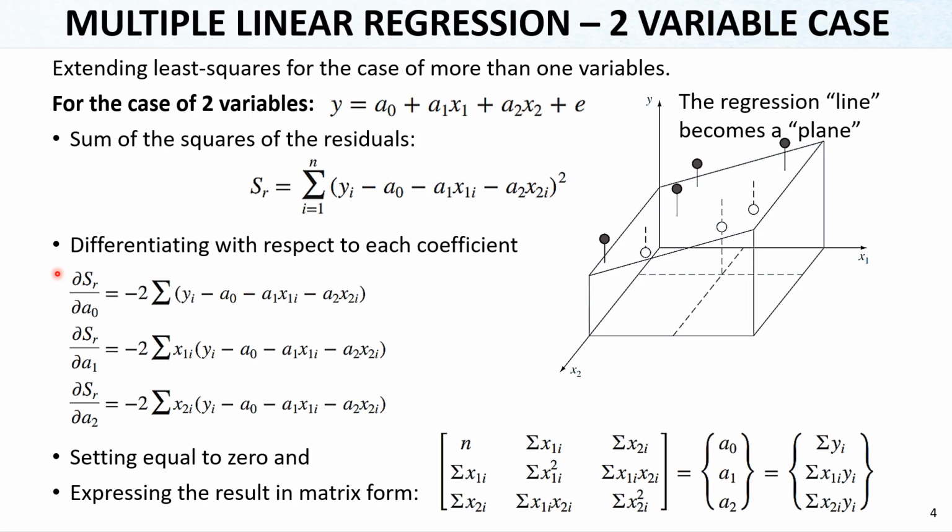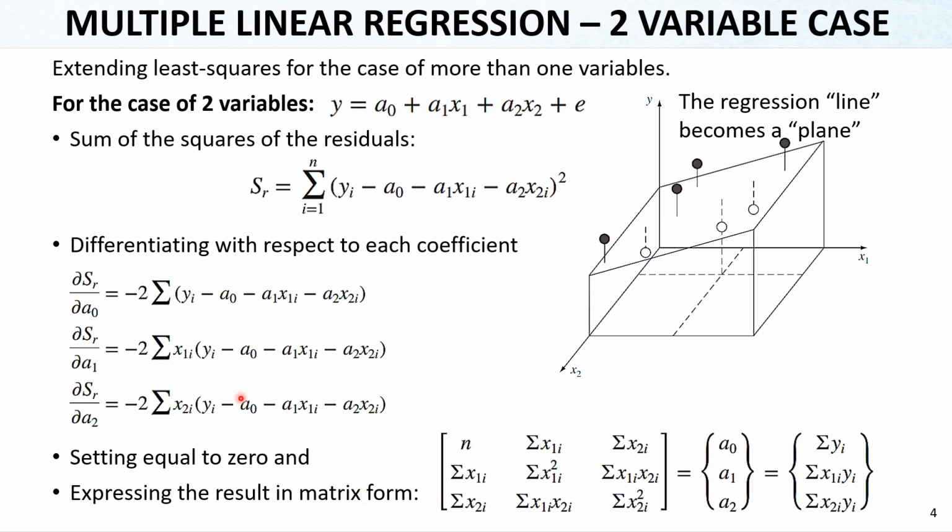It is SR. And what we did for the one variable case was, we want to minimize this function, so we can take the derivative and set it equal to 0. We are differentiating with respect to each coefficient because these are unknowns. So with respect to a0, a1, and a2, and set these equal to 0. Then express these results in matrix form, as you can see here.